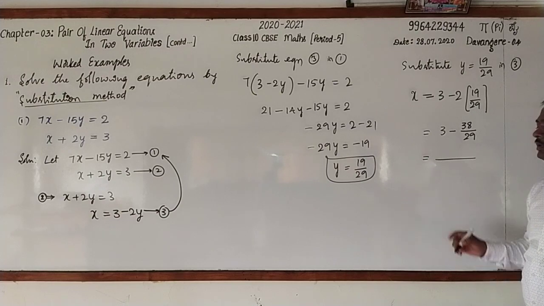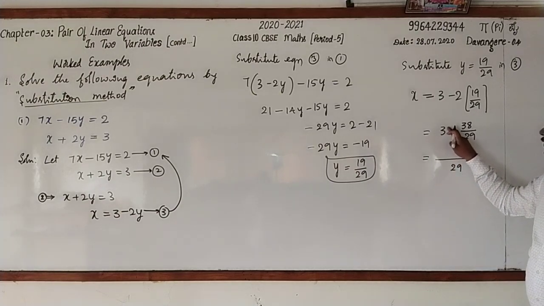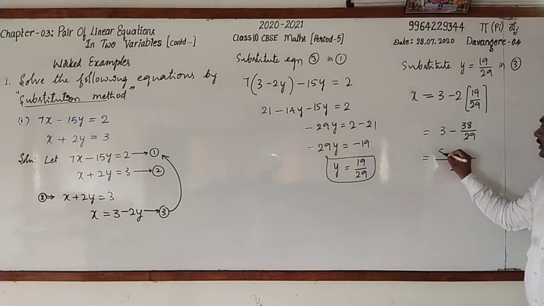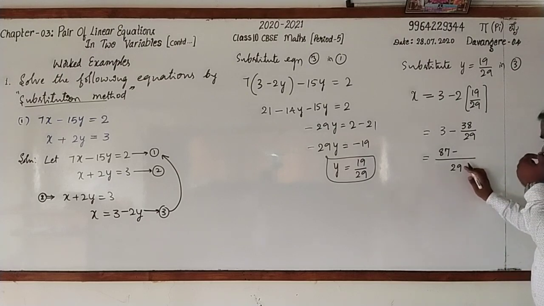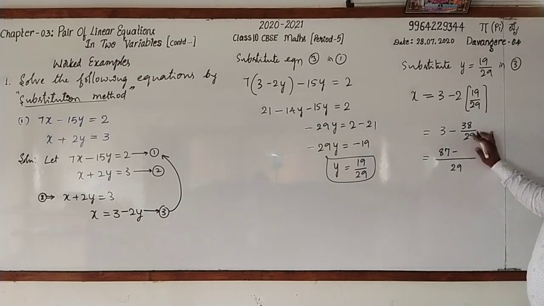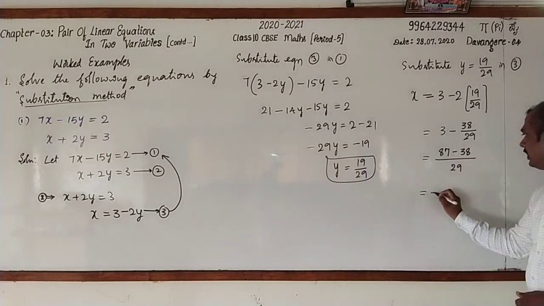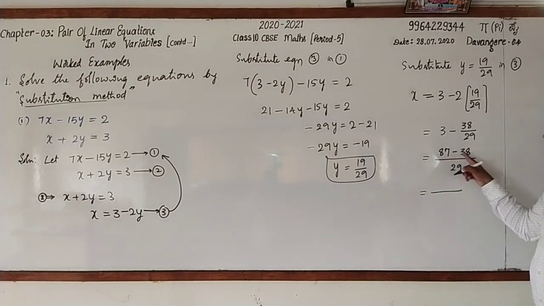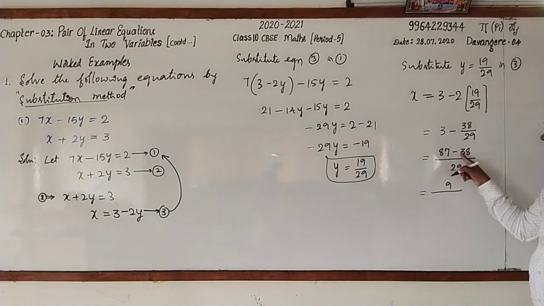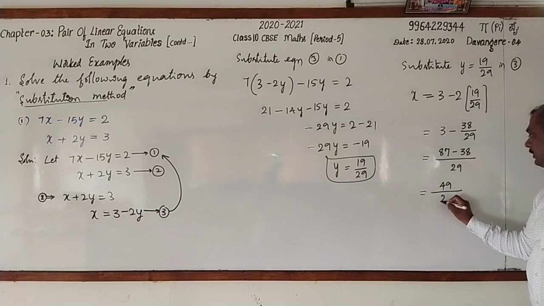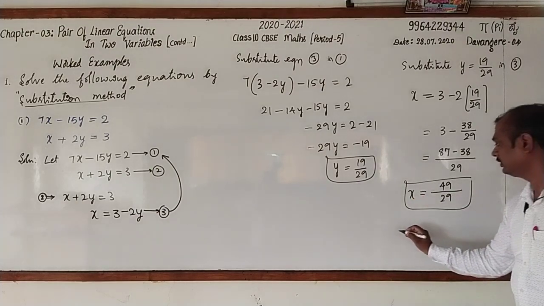Take LCM. LCM is 29. Multiply LCM with the first term. 29 threes are 87. Is it not? Minus, then multiply 29 with the second term, get cancelled. It becomes 38. It is equal to, now subtract 87 minus 38, it is 49 by 29. x equal to 49 by 29.